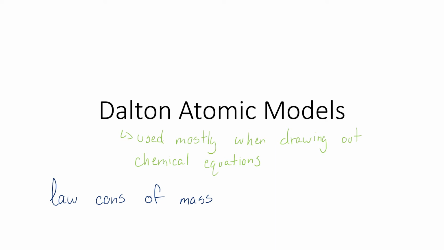So we're going to go into a little bit of detail and show an example of our atomic models. As I said, Dalton models, we normally represent them as circles with the element symbol on the inside. So if I was showing hydrogen, it'd be a circle with H. So that would be hydrogen by itself.